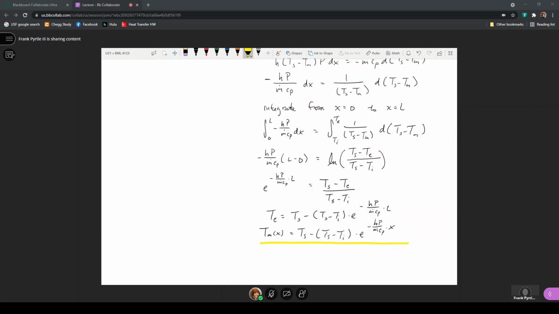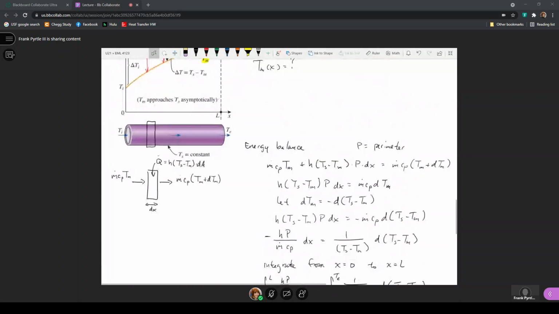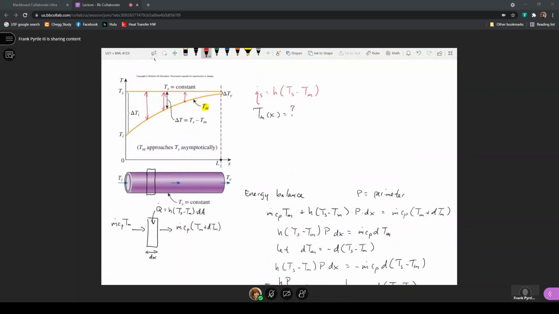Now, how do we determine what the heat transfer rate into the fluid is? Well, here, again, these red arrows that I've drawn represent the delta T for the heat flux from the surface into the fluid.